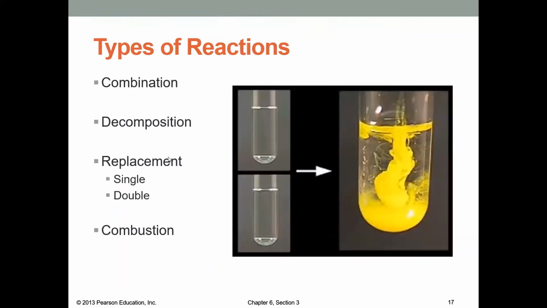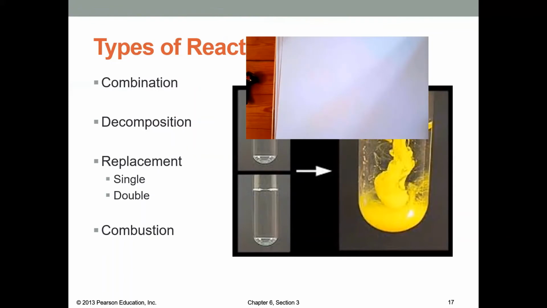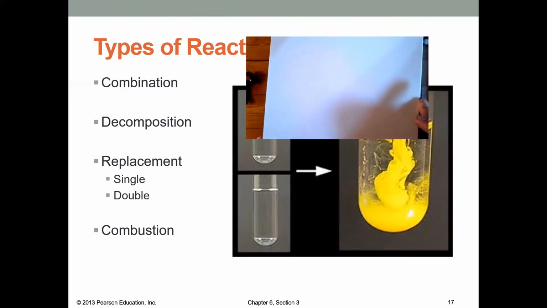So the last thing we're going to talk about are just types of reactions. There are 5 main types of reactions that you will see. And almost everything can be divided into those 5 reactions. The first one is combination. That's when 2 elements become 1.